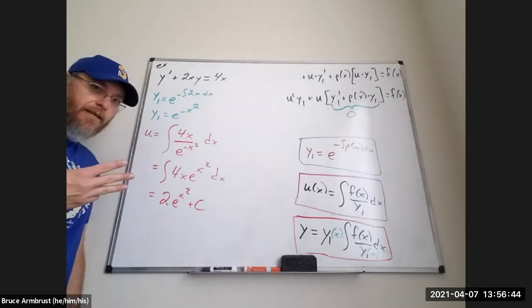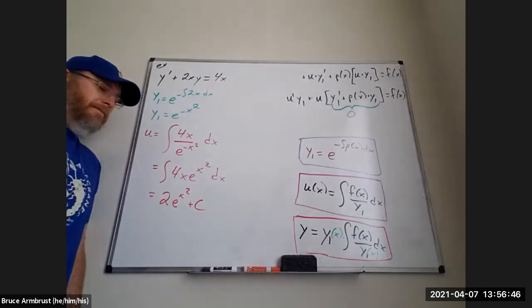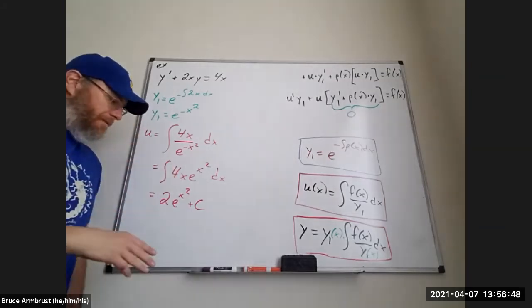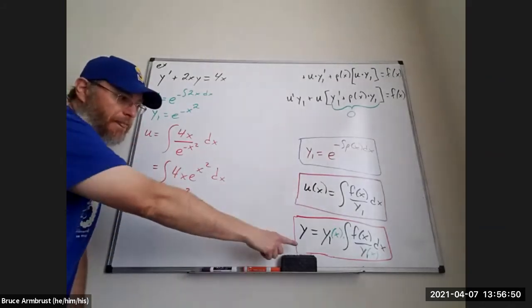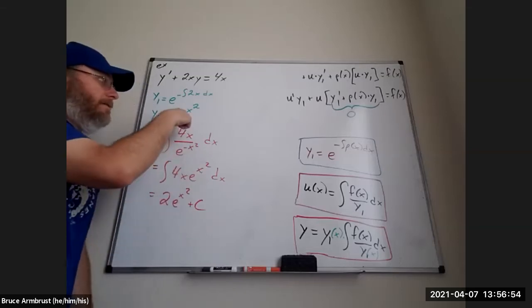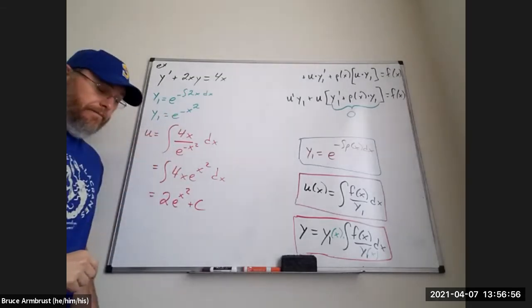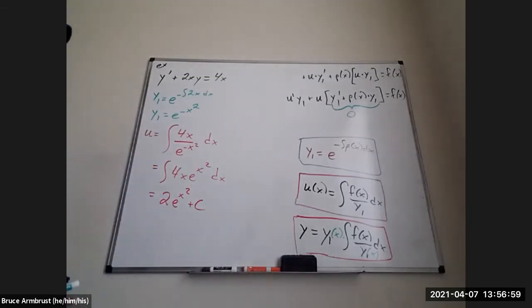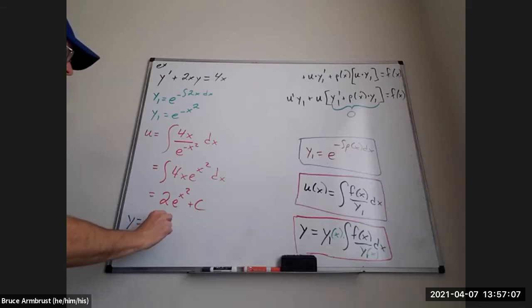Step 3, profit. Oh wait, no, sorry, that's under parentheses. Step 3, multiply this factor times our y1. All right, so here we go. Here's our solution. Then y is going to equal the y1, e to the minus x squared, times our integrating factor.